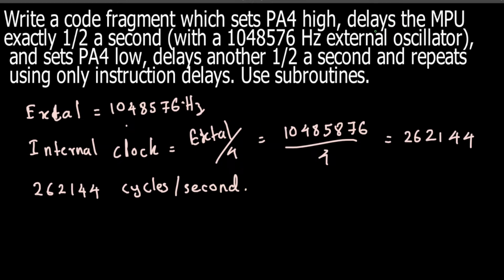It is also mentioned that it delays the MPU exactly half a second, so we have to look for half seconds. This is going to be half of this. Half of 262,144 is 131,072, and this is the number of cycles per half second.